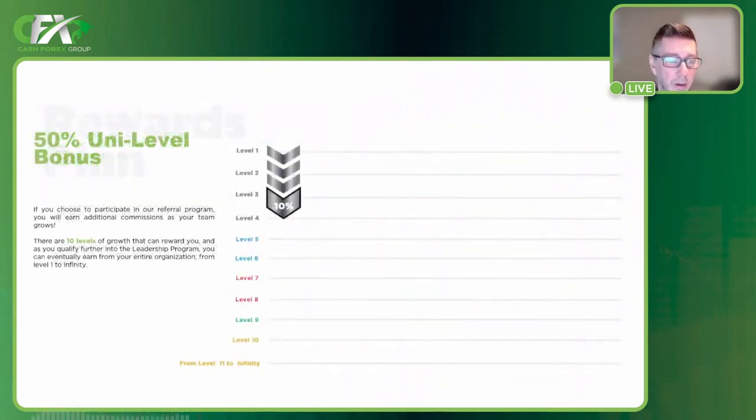Now, the other half of the product sale is allocated to what we refer to as a unilevel. So this is not an individual bonus. This is a team bonus. And because it's a team bonus, because you can leverage yourself in this team bonus, you have the ability to build something very substantial. Let me show you. Remember, in the fast start bonus, if you're the person who referred someone to CFX, you earn 100% of that fast start bonus.